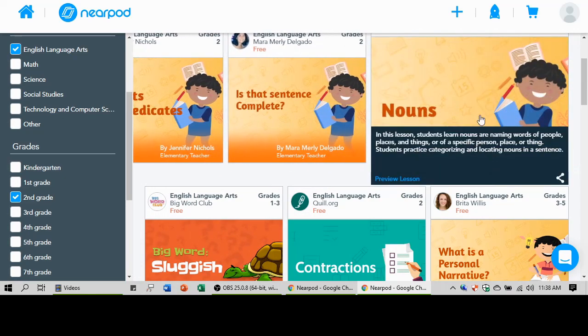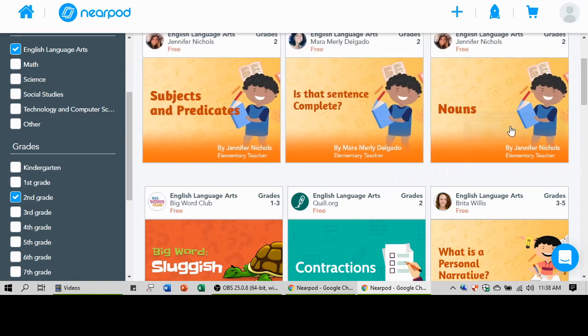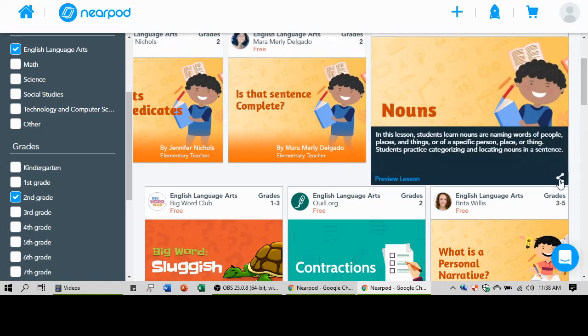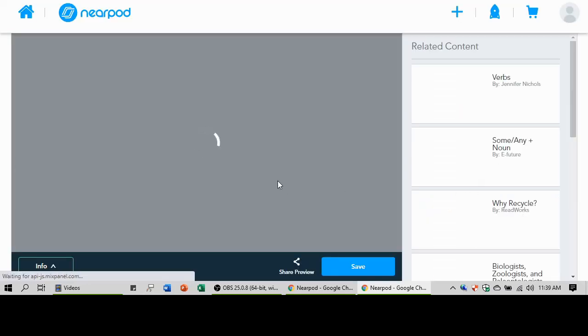To add these activities to your library, just click this share button. Just click the picture. Okay.